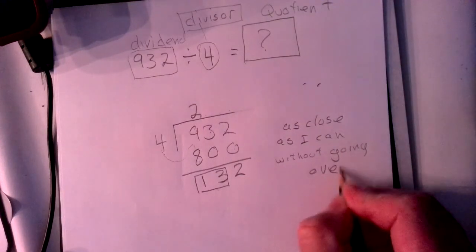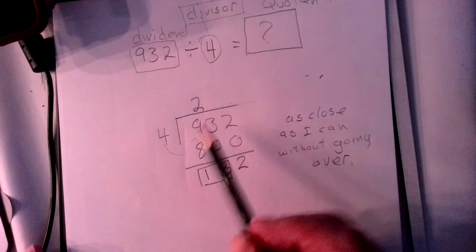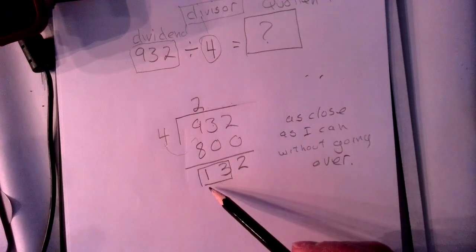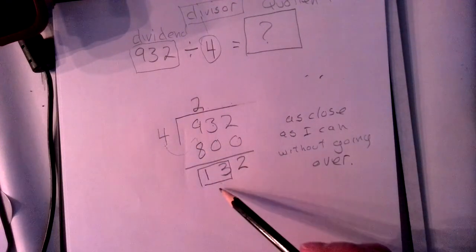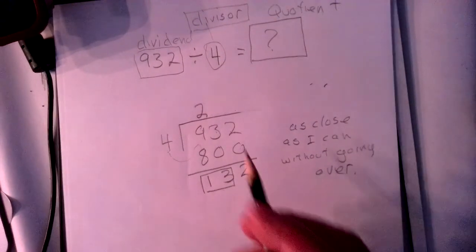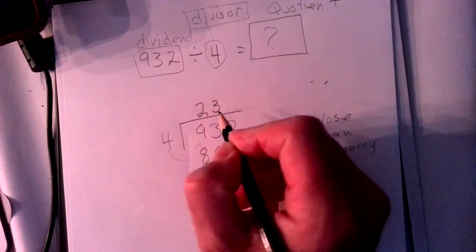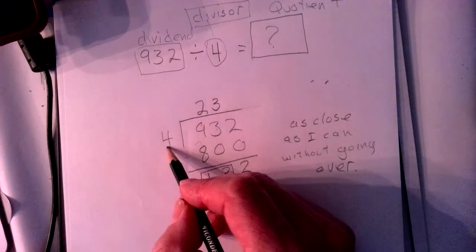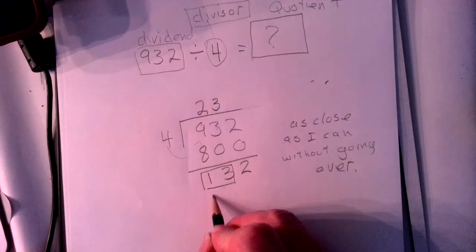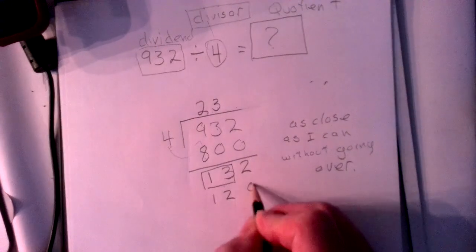So what do I think? 4 times what comes close to 13? 4 times 3 is 12. So I think I'm going to use that one. It's 3. And 3 times 4 is 12. So I'm going to put that there. And that would be 120.